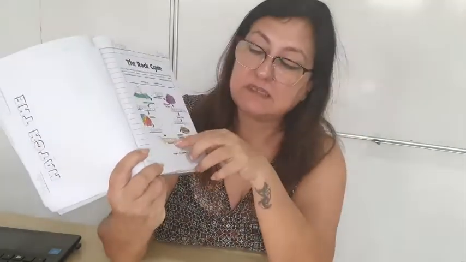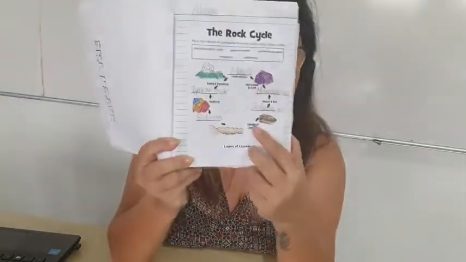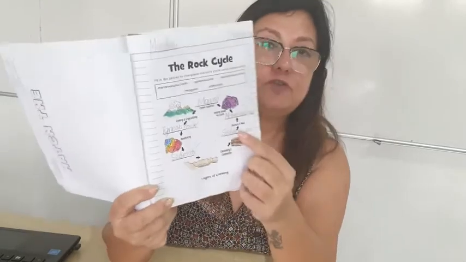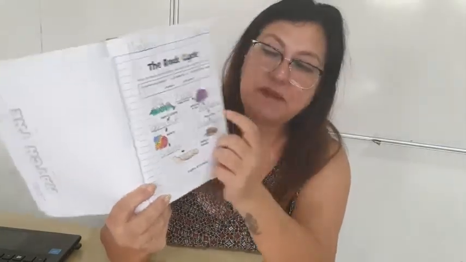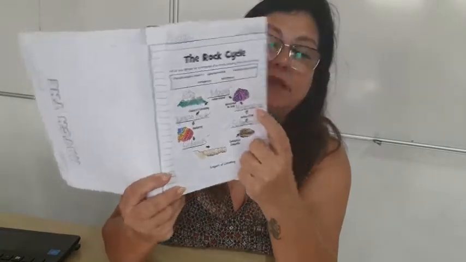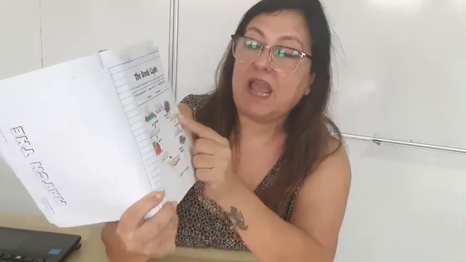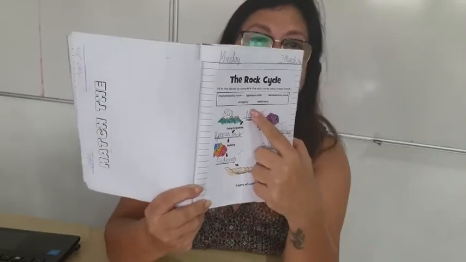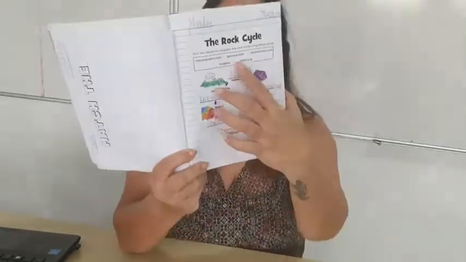Then these pieces cement together, that means join together, and they become sedimentary rocks. Then the sedimentary rock, again under the pressure and heat, becomes metamorphic rocks. And when these metamorphic rocks melt, they become magma again. So it is a cycle.